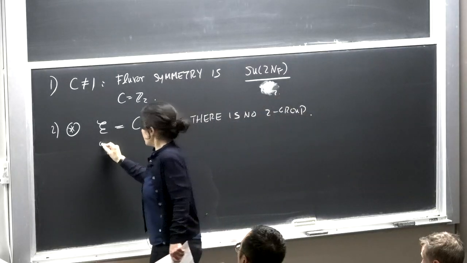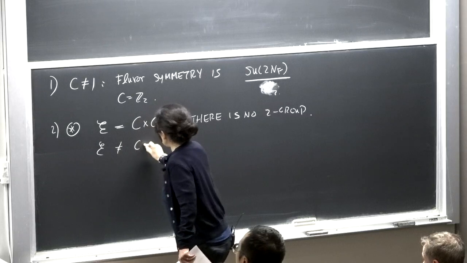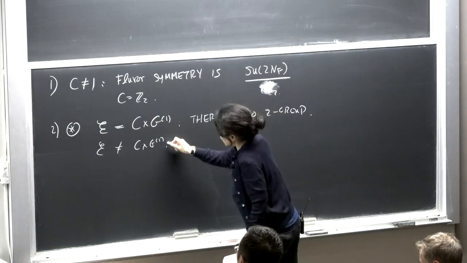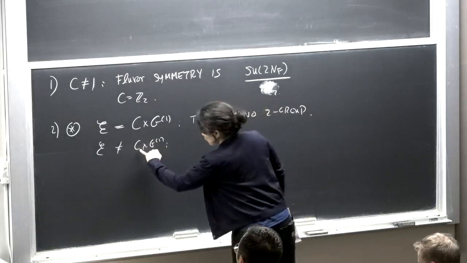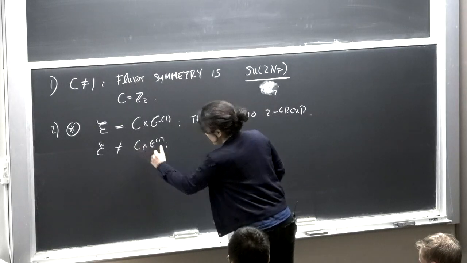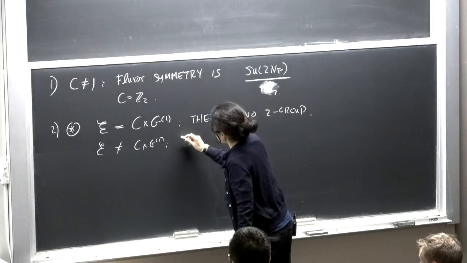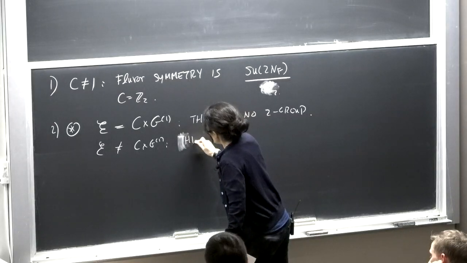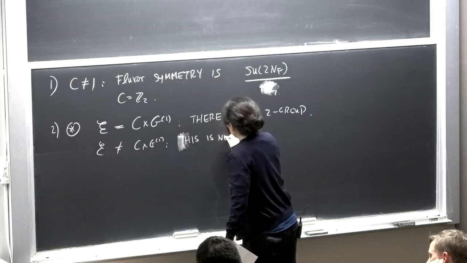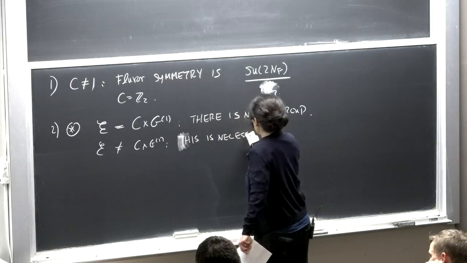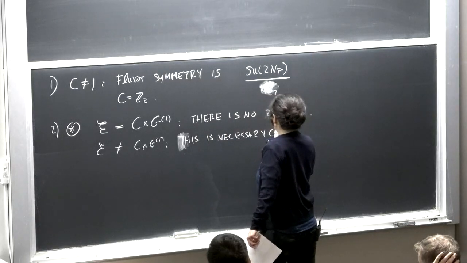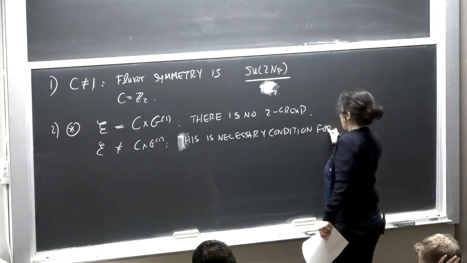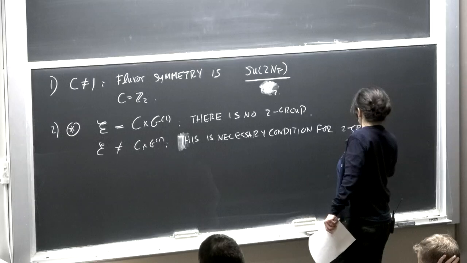But if E is not C times G1, then there can be a relation between these two groups. This is part of the zero-form, this is part of the one-form symmetry. So this is a necessary condition for the two-group symmetry.